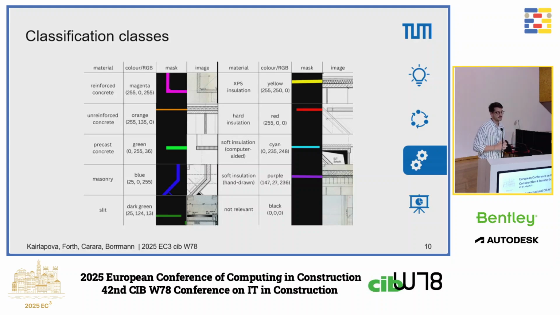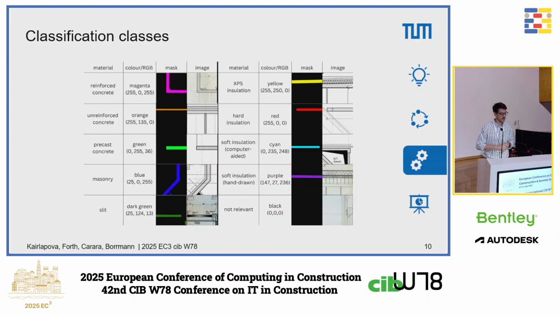However, this deviates a little bit, so besides reinforced concrete, unreinforced concrete, precast concrete, masonry, XPS insulation, hard insulation, and soft insulation, we had different hatches between cut-based and hand-drawn.